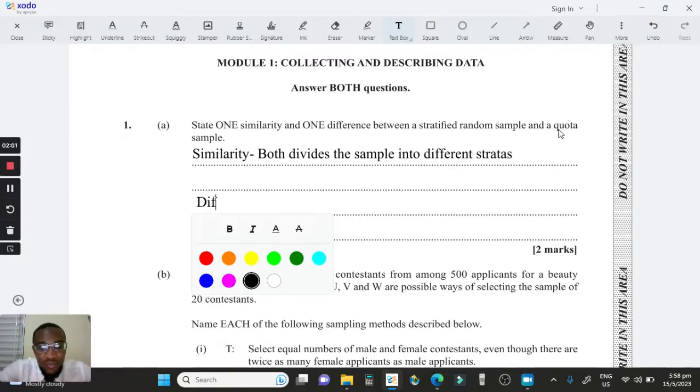So the difference is that stratified is a random sampling method or technique, and quota is a non-random sampling method of selecting our sample.